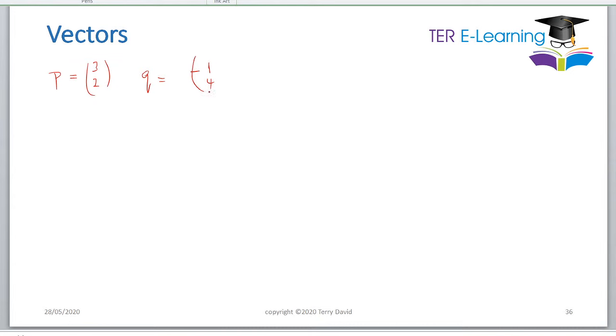Actually, hold on, I don't like how this is looking. So P is 3, 2, and Q is equal to minus 1, 4.